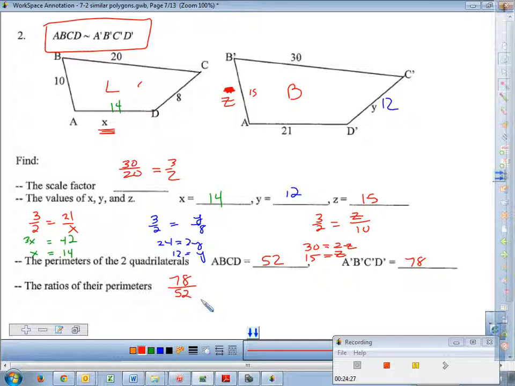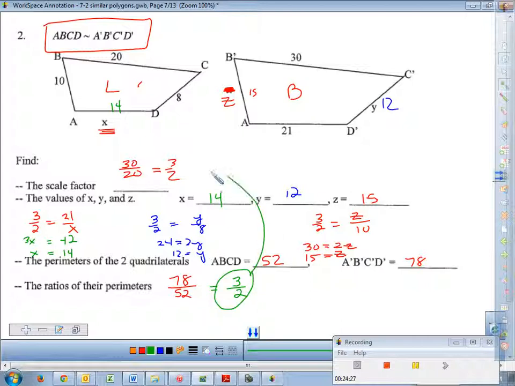Reduce that by a factor of 26. I'll bet you'll be super shocked at what that reduces to. What does it reduce to? 3 over 2.